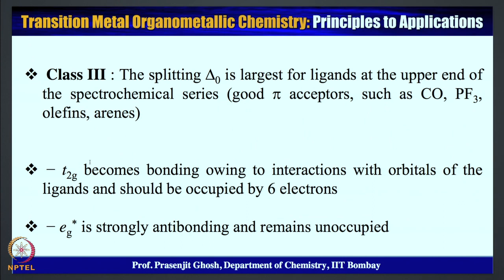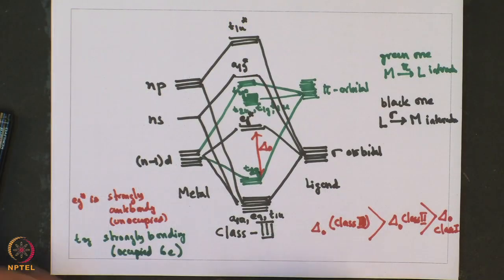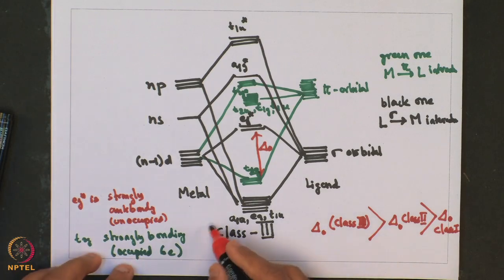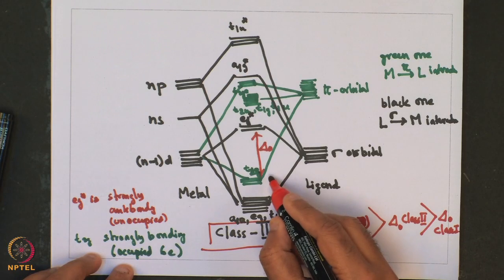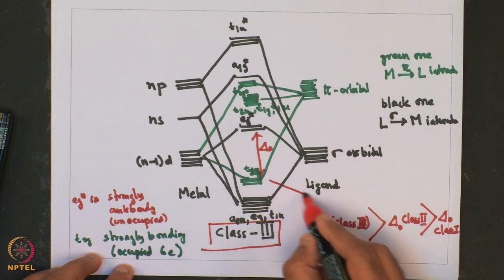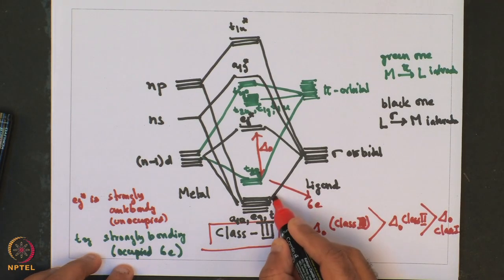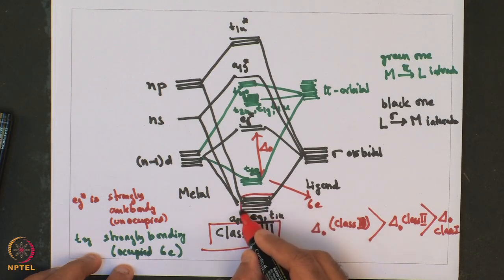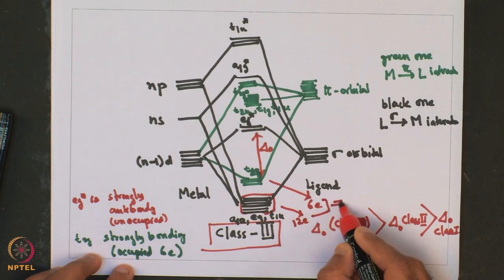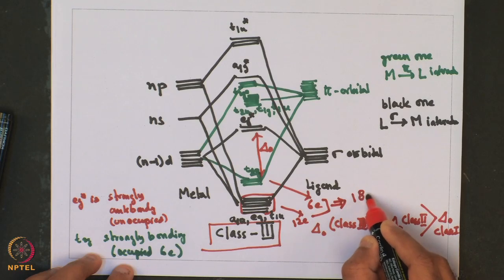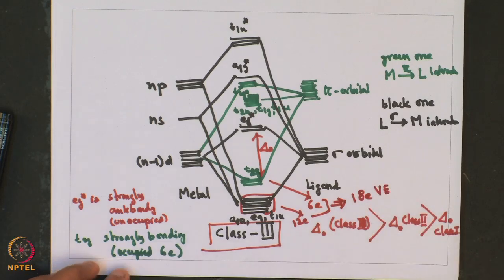So, overall for this class 3 type of complexes, the T2G always has 6 electrons, and all this bonding has 12 electrons, so in total all of it has 18 electrons. So, class 3 always obeys the 18 electron rule.